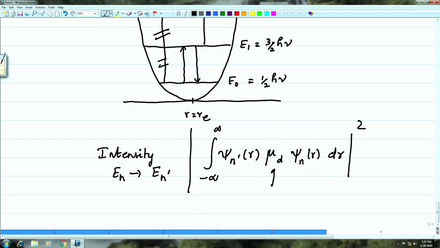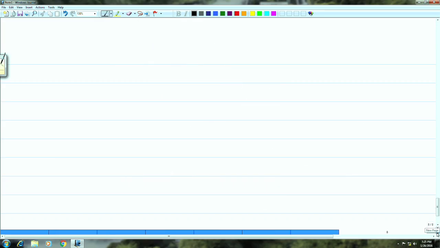Here mu d is a delta plus or minus whatever the charge is times the internuclear distance r, and therefore you see that this wave function integral that you get for the intensity is proportional to the absolute square of the normalization constants that you have here.